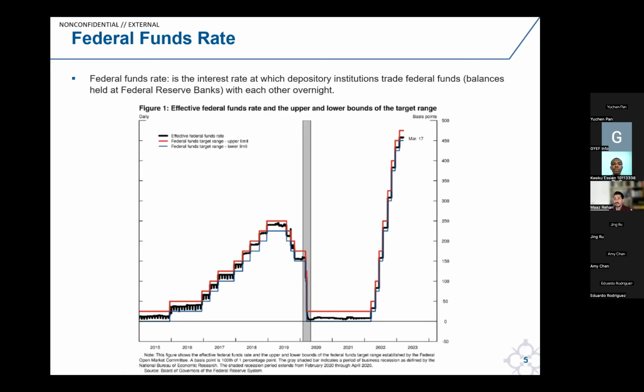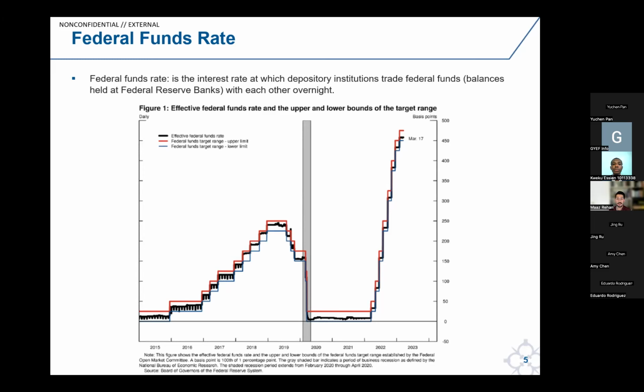We see the range increasing in 2018 as the job market was strengthening and inflation was moving towards a 2% rate. You see that for much of the decade before, the inflation rate was below 2%. In March 2020, you'll see this gray tripwire, which is COVID-19 hitting the economy.